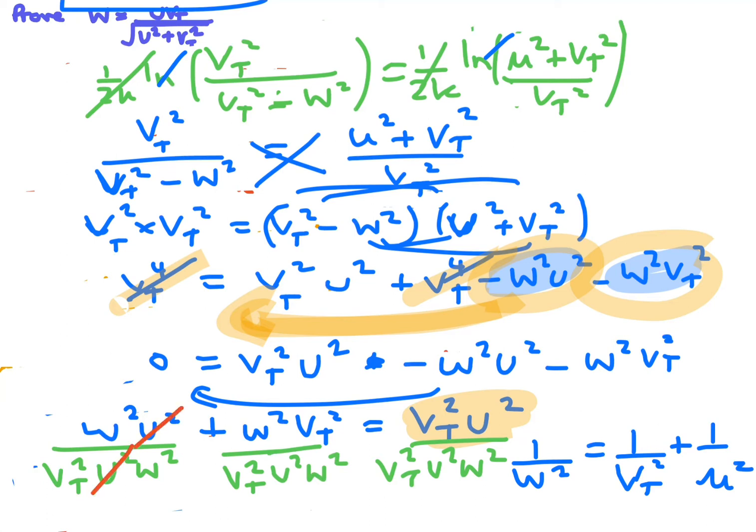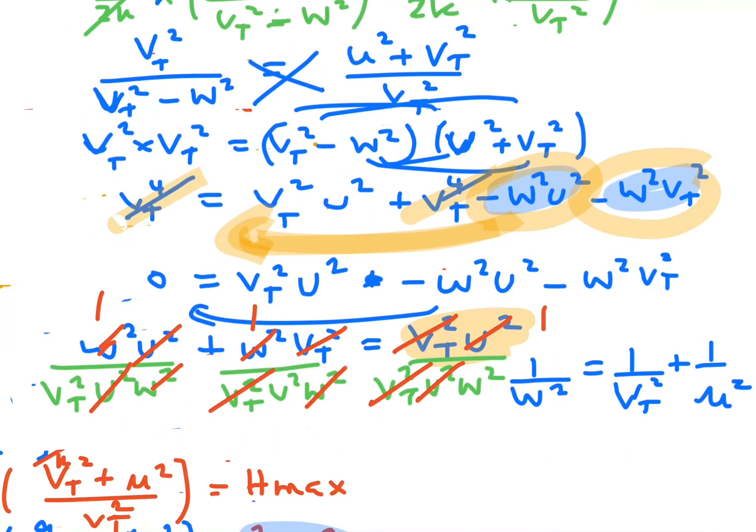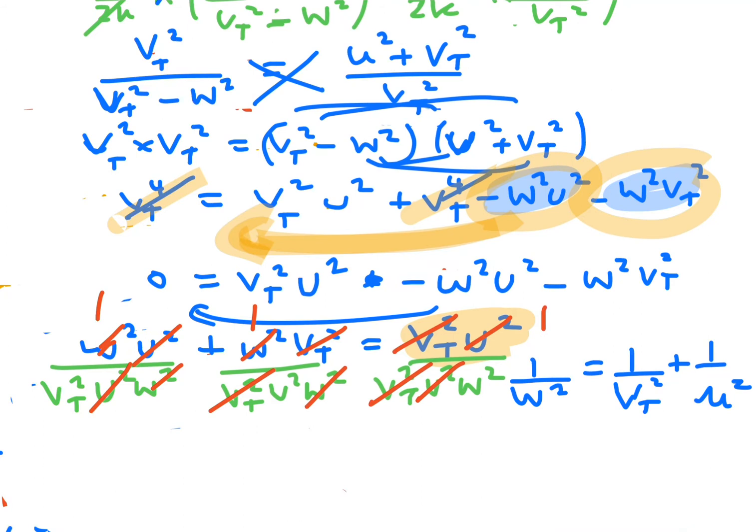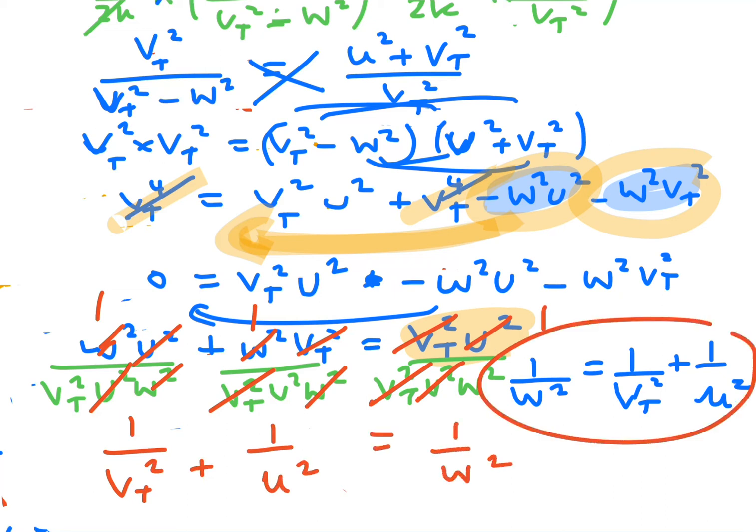So the mu will go with the mu, the w with the w, and you're left with 1 on vt squared. The vt squareds here will cancel, the w will cancel, you're left with 1 on mu squared. Vt squareds cancel here, mu squareds cancel there. And when you have a good look at what's actually left, you have 1 on vt squared plus 1 on mu squared and 1 on w squared, which is what our prize is, which is our required result.